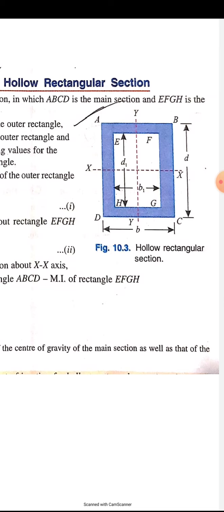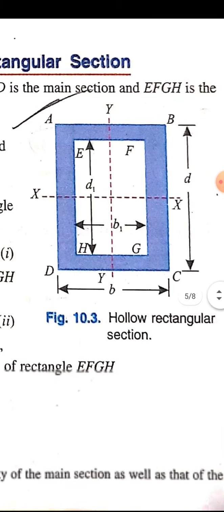Just rectangle ABCD, a rectangle section, x axis and vertically y axis divided it. Just cut out EFGH. Just see it. EFGH. This is cut out from this rectangular section EFGH.